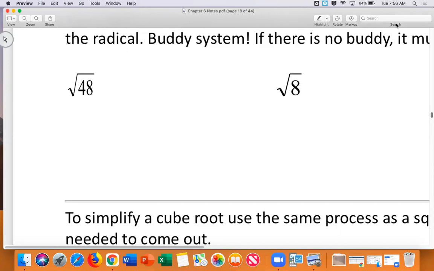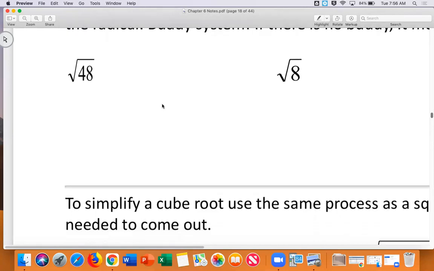This is how I do these problems. Teachers do it different ways, and I just found this is the best way for me. Kevin, give me 2 numbers that go into 48. I don't care what they are. 24 and 2. So I make my tree and I do 24 and 2.